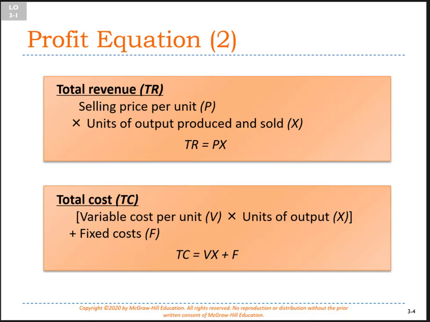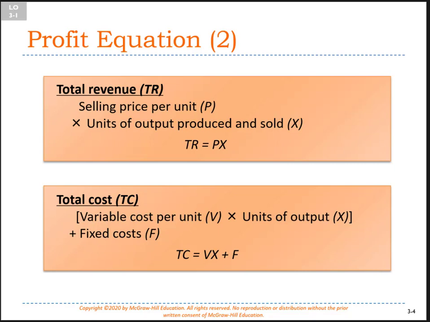And remember, there can be a difference between what is produced and what's sold, right? If we produce more than what's sold, then it's sitting in inventory. And if we're selling more than we produce, then we are selling stuff we made last month or the month before that or something like that.